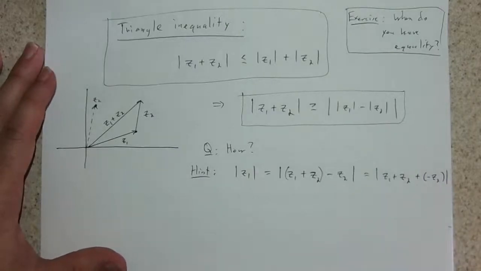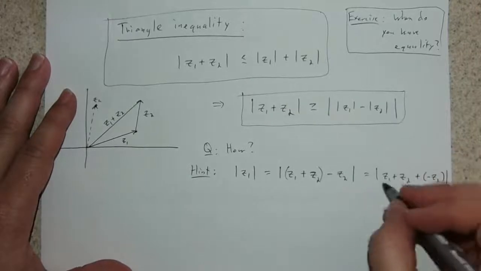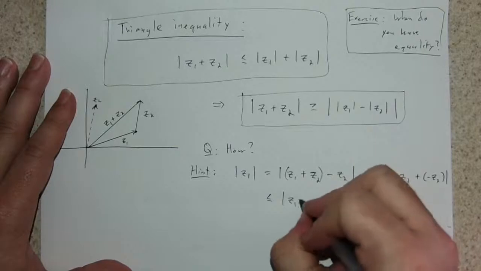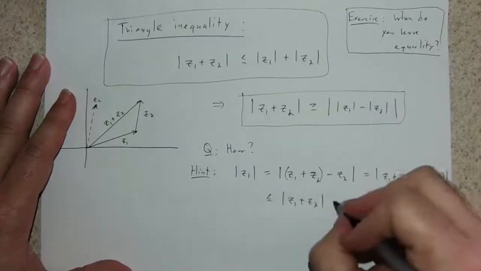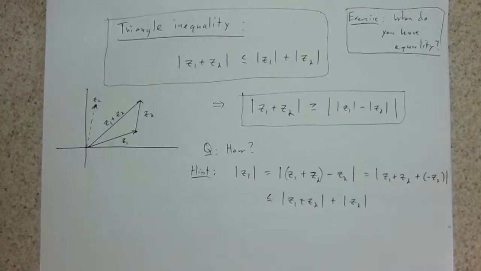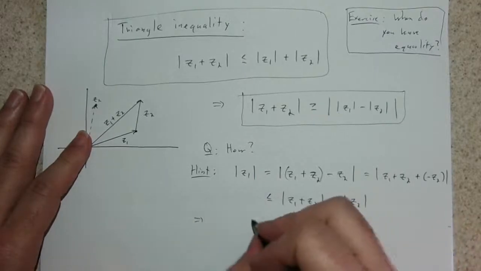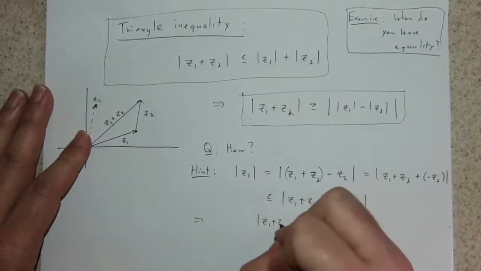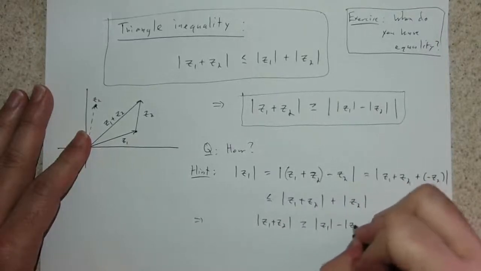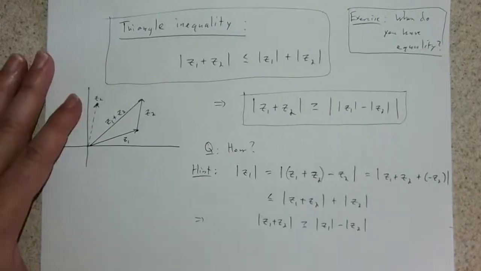And so, now what do I do? I use the triangle inequality, and what I get is that this is less than or equal to the modulus of z sub 1 plus z sub 2 plus the modulus of z sub 2. Aha. Well, now I can subtract the modulus of z sub 2 from both sides, and that gives me that the modulus of z sub 1 plus z sub 2 is greater than or equal to the modulus of z sub 1 minus the modulus of z sub 2. That gives me half of this inequality.